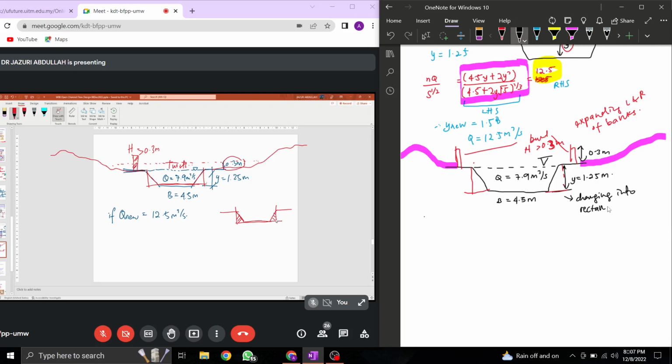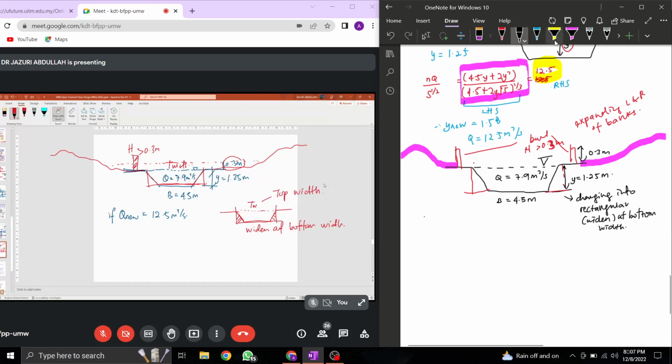Okay, so maksudnya you widen at bottom width. Okay, so yang ini kita panggil dia sebagai top width. Okay, top width.